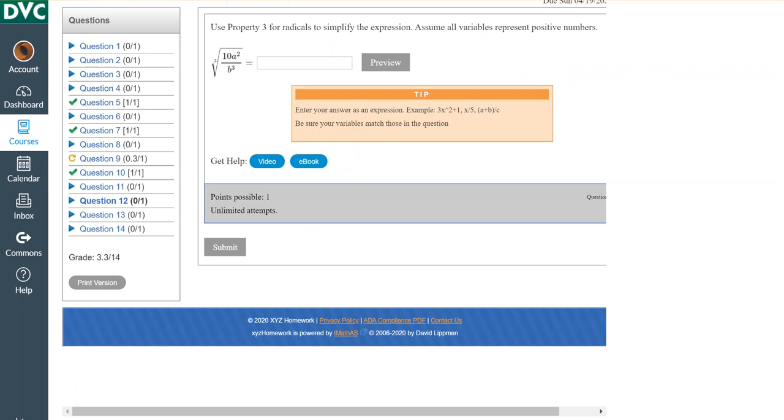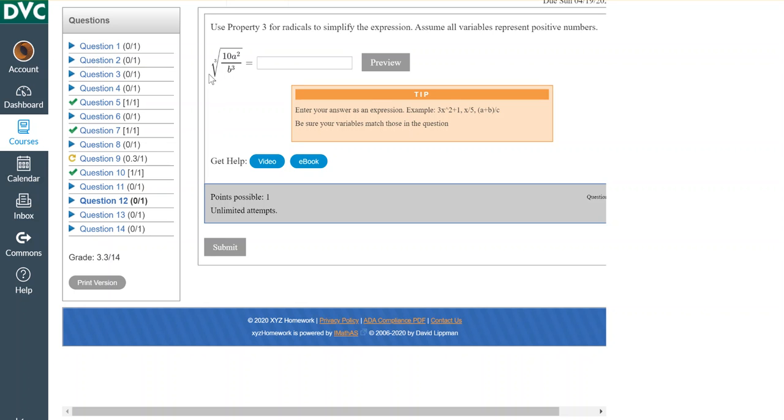All right, I would now like to do a problem that's similar to questions 12 and 13. In 12 and 13, we're both taking roots of a fraction that have variables in them, right?